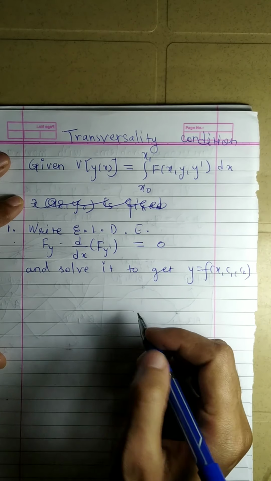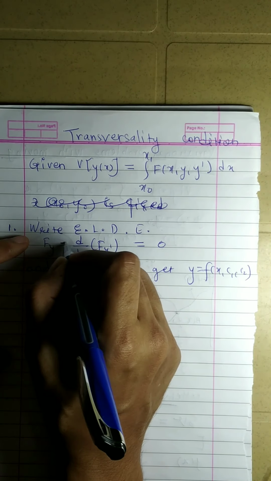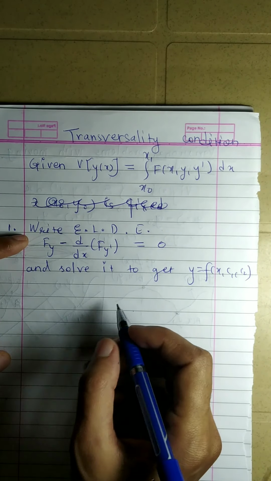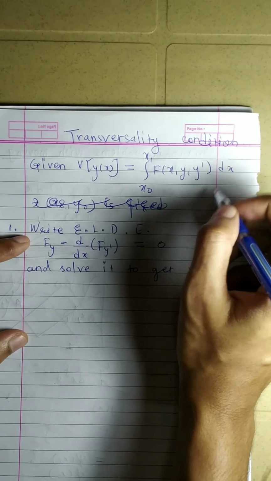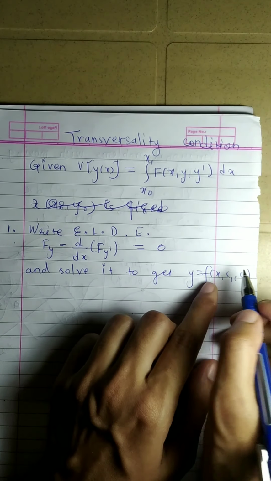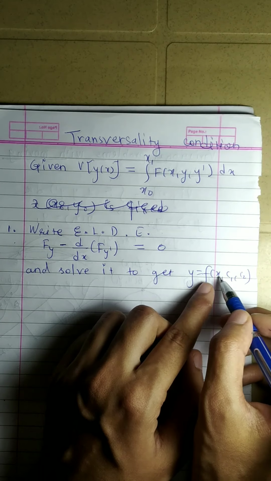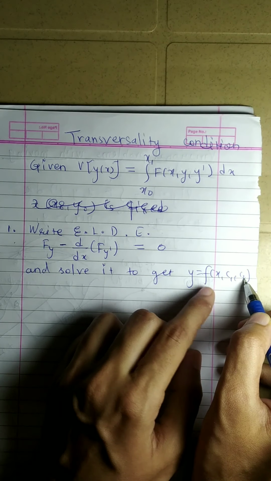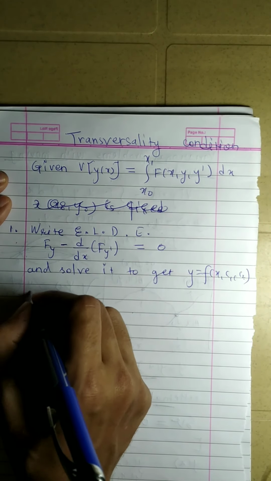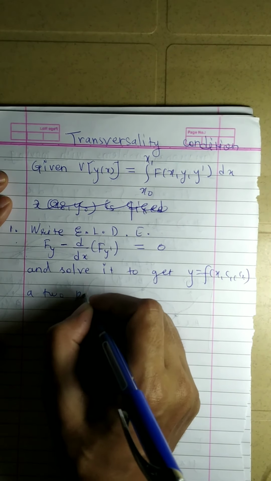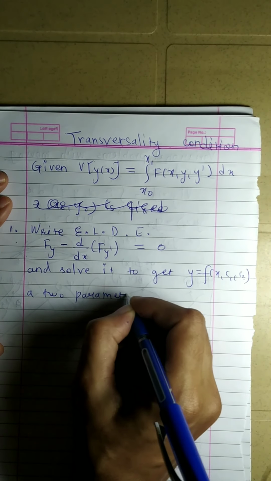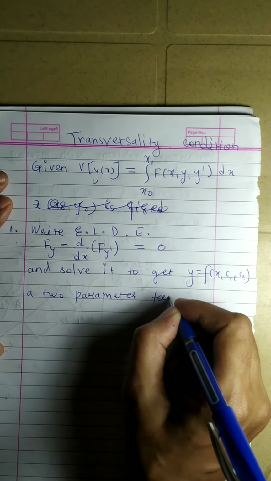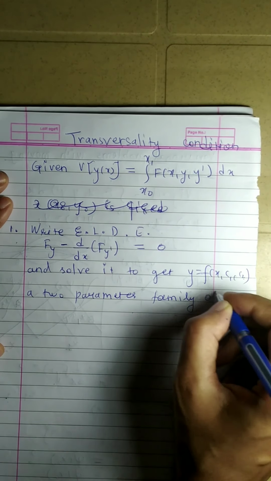Okay, so we have already seen that when we solve this Euler-Lagrange differential equation, we get the curve y(x), which can be written as a function of x, c1 and c2. Okay, a two-parameter family of curves.